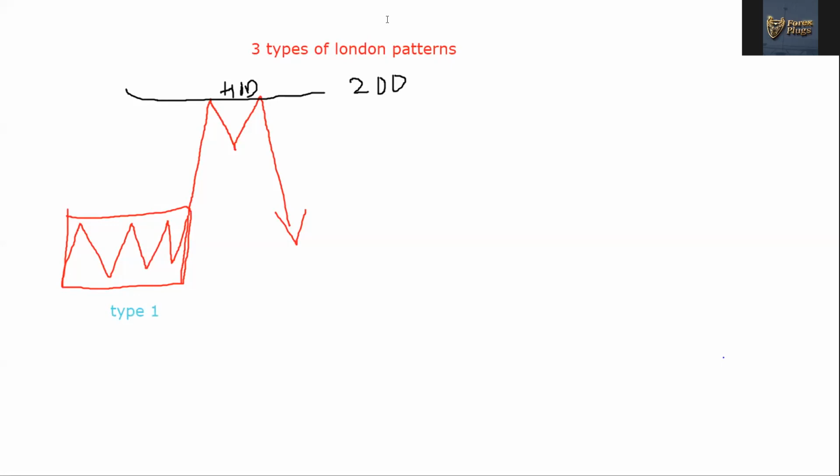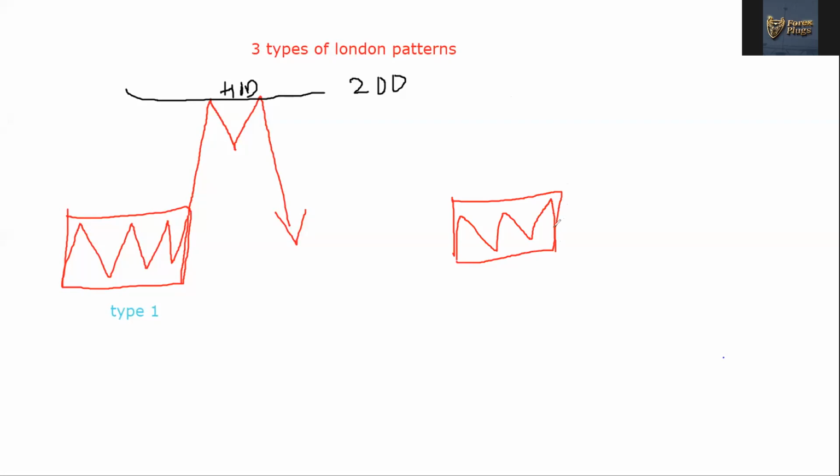Then you've got type 2. With type 2, coming out of the Asian session, the dealer respects the high and low that is set in the Asian session.